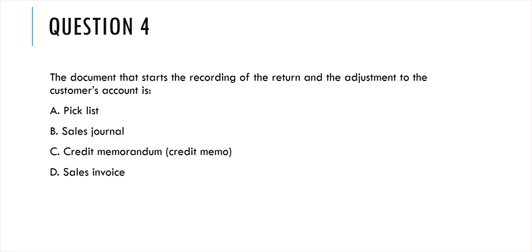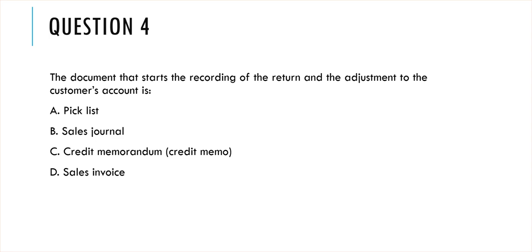And remember, I don't consider journals or ledgers as documents in here. So the three are sales return or allowance request, and we're just doing a sales return request when we do our work. And then the receiving report, and then the credit memo. So that's the order of those.